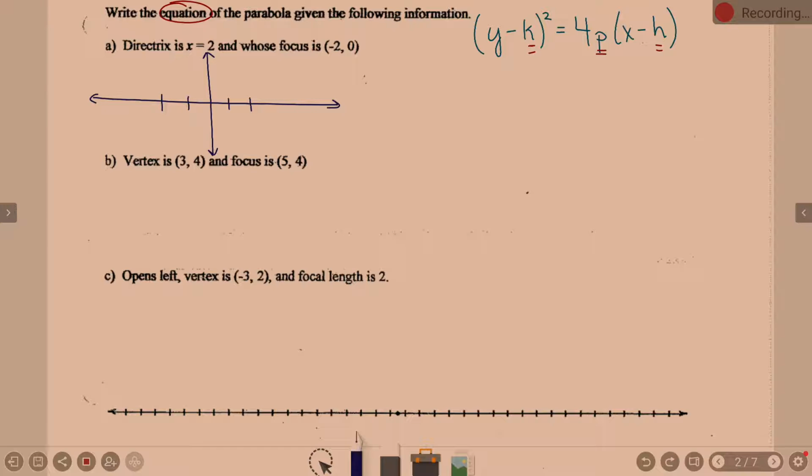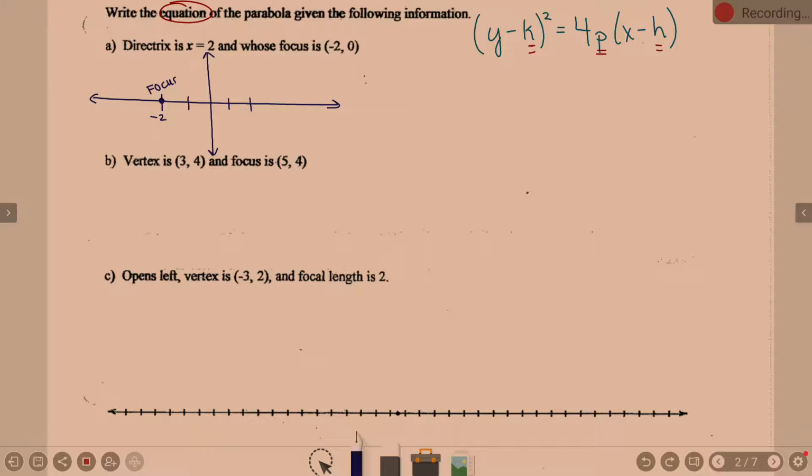The focus is negative 2, 0. Where is negative 2, 0? That's over there, yes? So right here, that's my focus. Now I'm just drawing a sketch to help me out. I'm not saying you're going to have to draw a sketch all the time. And some of you would very well scoot through this problem without drawing a sketch. But I think it's also a good tool to have.